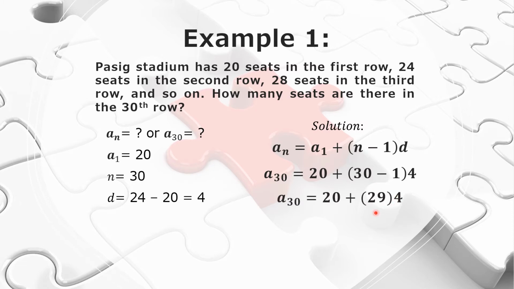Then, susunod natin dito yung 29 times sa 4. So, meron tayong 116. Susunod natin dito yung 20 plus 116. So, meron tayong 136 seats. So, meron tayong 136 seats sa pang-30th row.